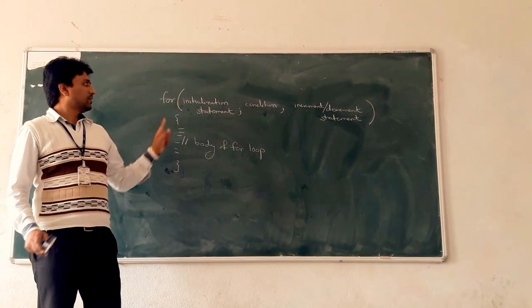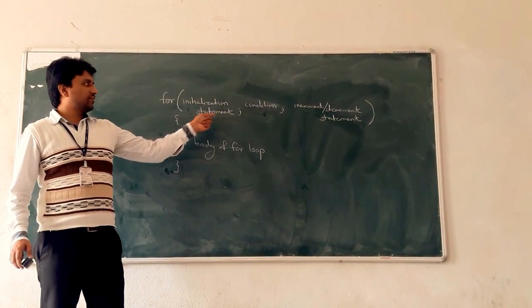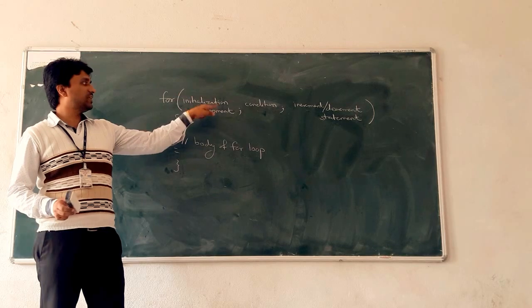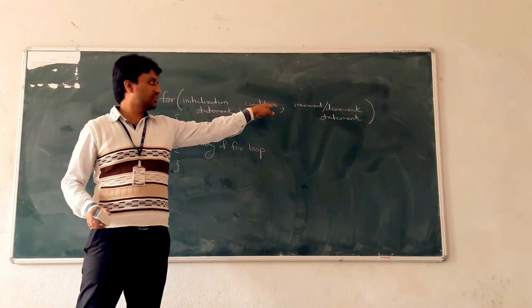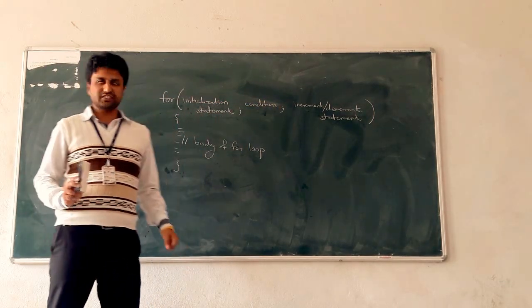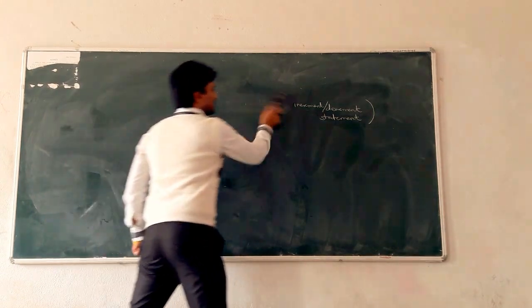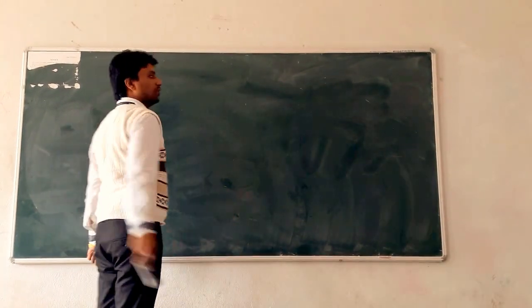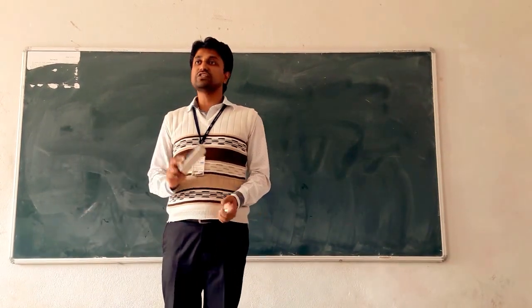Clear? So we will take one example on this for loop and explain what is meant by initialization, condition, and increment decrement statement. For this, take a similar example: print hello 10 times on the console using for loop.